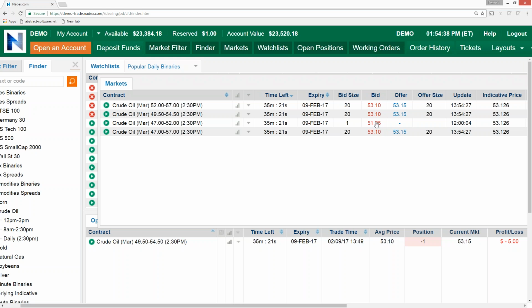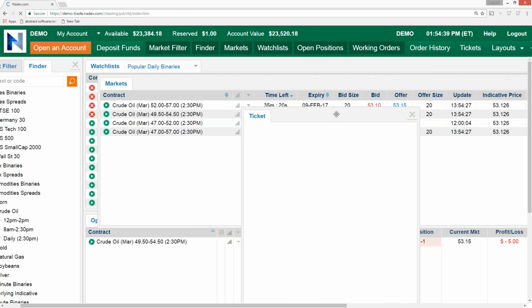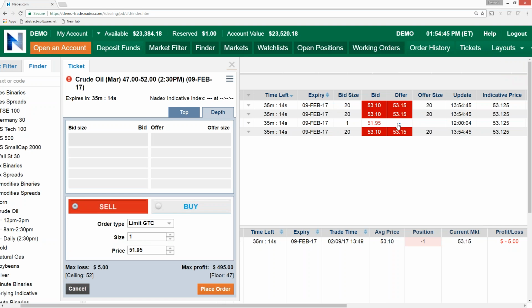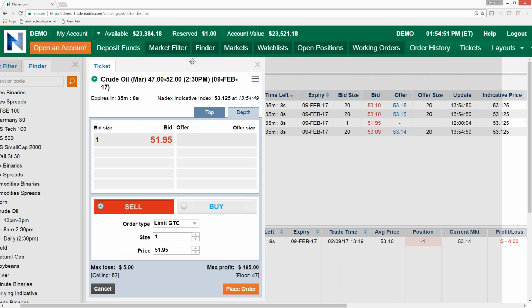What happens if I sell this in the money spread for $51.95? Well, I can't buy it because it's well above the ceiling level. It's going to settle at 52 if nothing else happens, if we don't slam lower. Now I can sell it for 51.95, but I also know that unless we slam below 52, it's going to settle at 52. So I'm essentially locking in a $5 loss unless the market gets smoked.